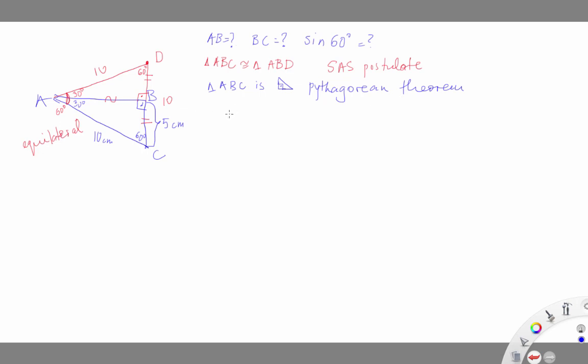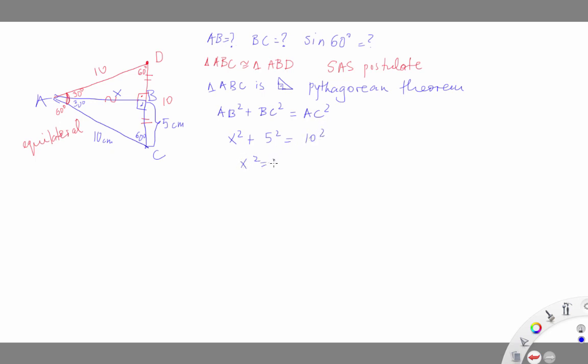Here's how I'm going to use it. I know that side AB squared plus side BC squared, those are the two legs, is equal to the hypotenuse squared. I don't know AB, so I'm going to call it x right now. So x squared plus 5 squared equals 10 squared.